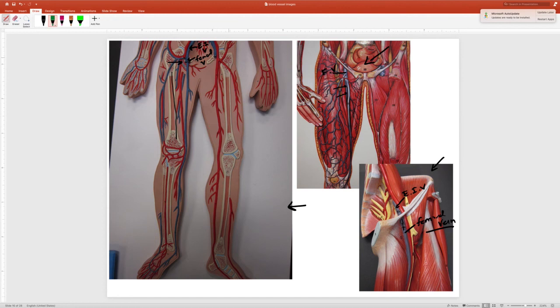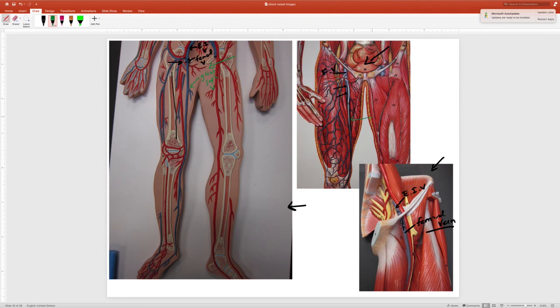In this model here, and I changed my color just so we can make sure we see it, in this model on the left, the only vein we see running down through the thigh area is the great saphenous. We also see it here.